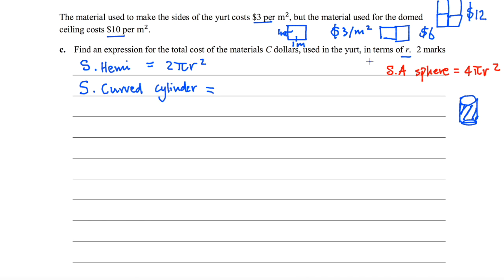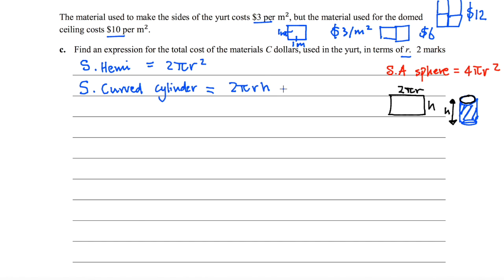Imagine you're walking along the surface of the circle as an ant. That distance you would have walked would be 2 pi r. So if we were to unfold our can or our cylinder, the distance up here would be 2 pi r, and this distance here is just the height of our cylinder, so that's h. So the surface area of the curved part of the cylinder is equal to 2 pi r times h.